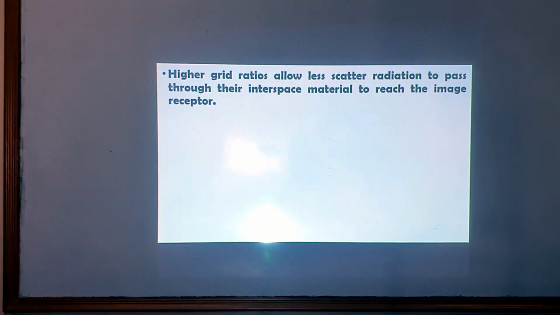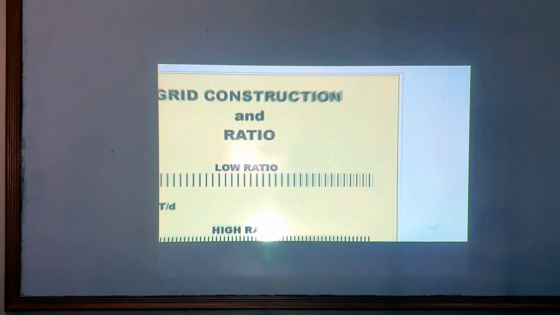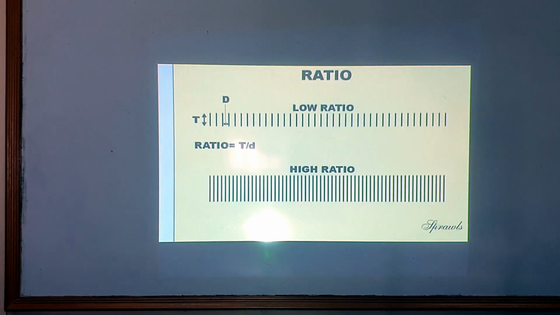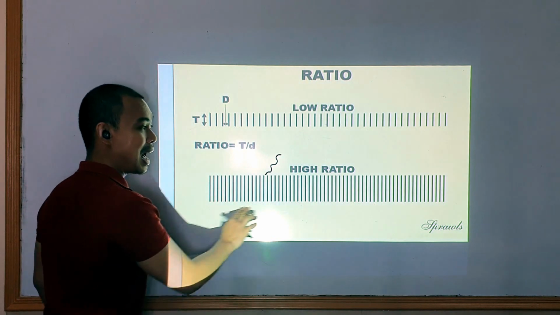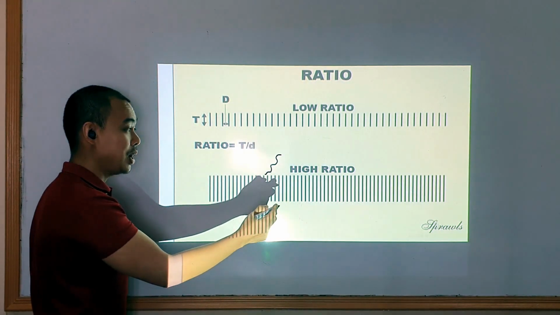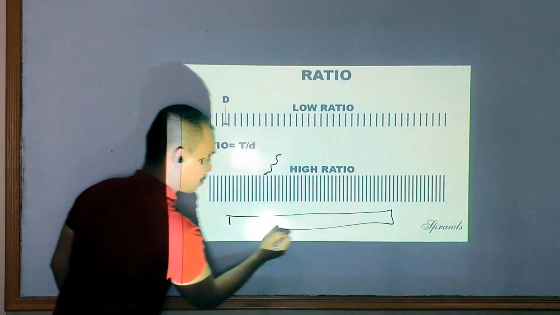Now, higher grid ratios allow less scatter radiation to pass through the interspace material. Why, sir? Try to look at this one. What if you have your scatter radiation here? It's a high grid ratio, right? Interspace material, and then you have your image receptor here.